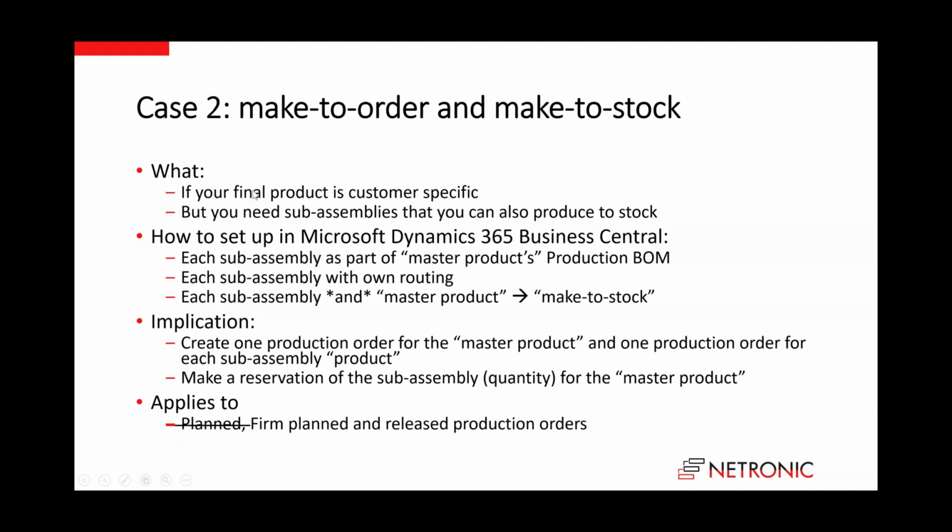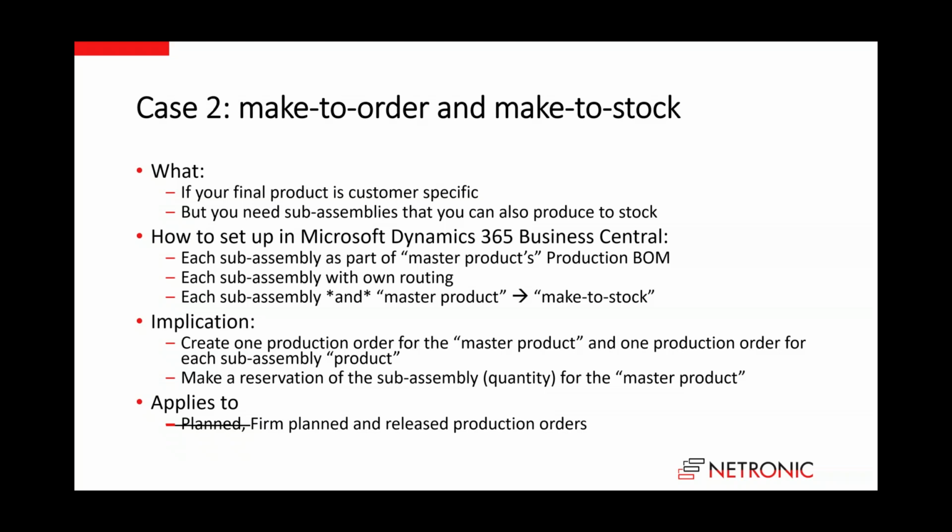So if you have your final product customer specific, but some of the sub-assemblies that you build can be used in a repetitive manner, and if they are not 100% customer specific, then you can set up Business Central in a different way than I showed you before.